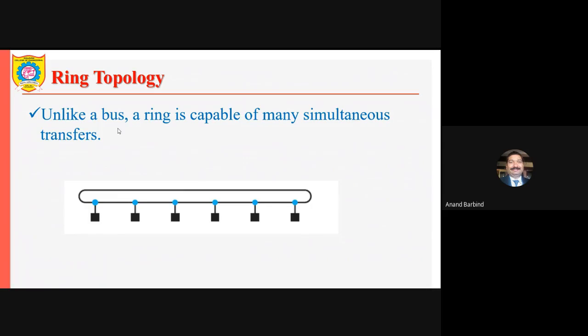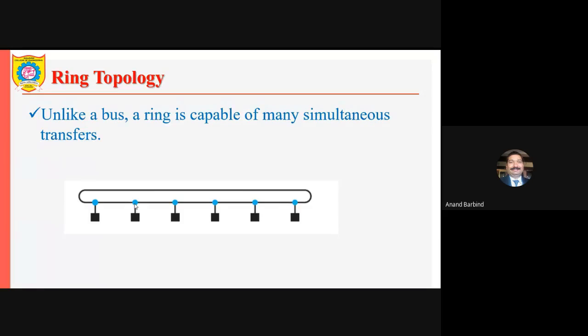The ring topology consists of connection between the nearby processors, so one processor communicates with the preceding processor and the next processor.